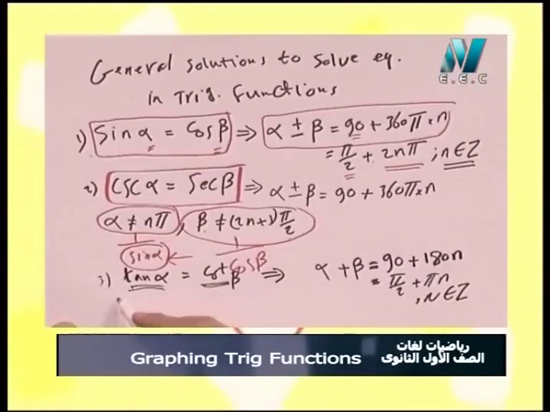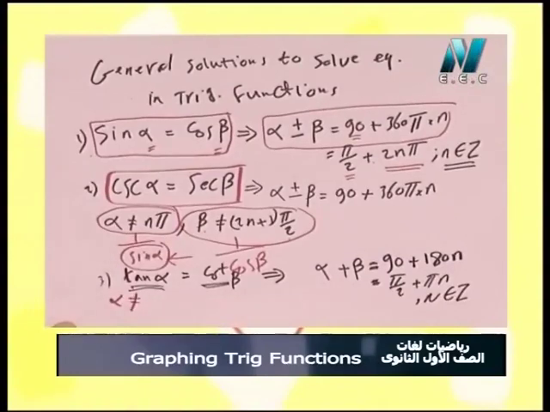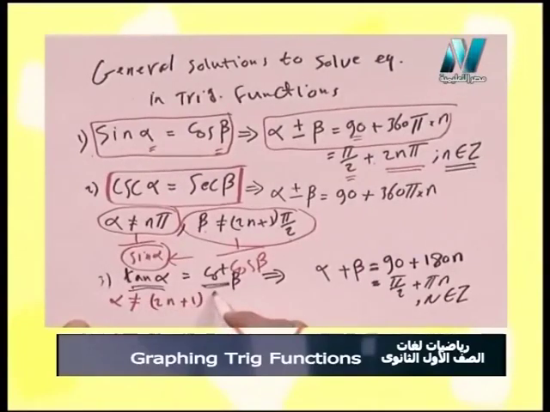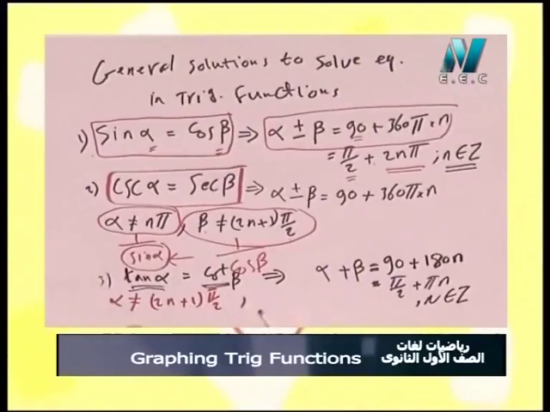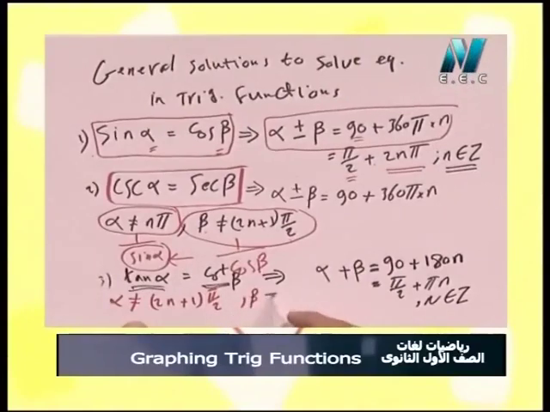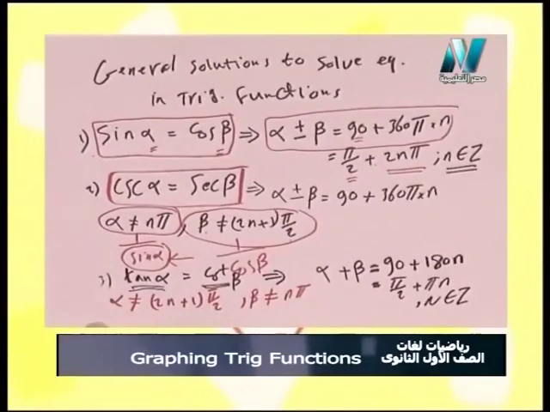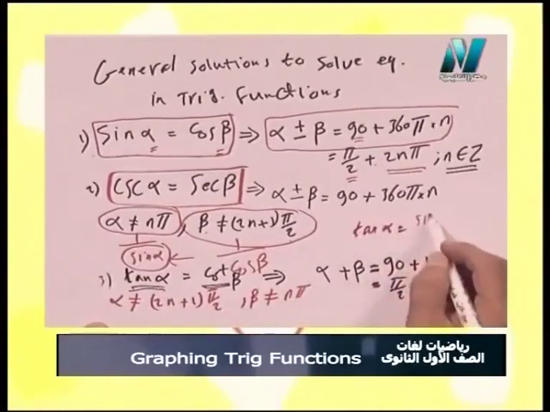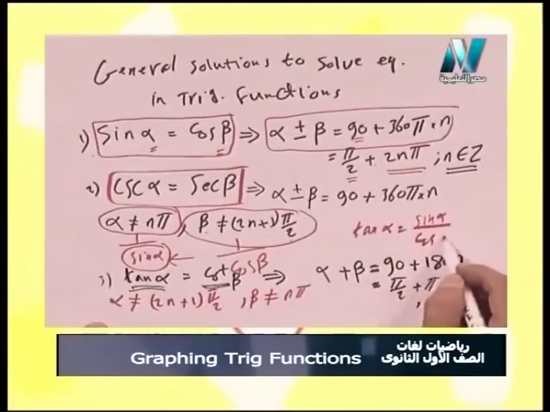Alpha doesn't equal (2n plus 1) multiplied by pi over 2, and for the same reason beta doesn't equal n pi, because we know that tan the angle equals sine the angle over cosine the same angle. It's forbidden for cosine to be 0, because it will be an undefined number.